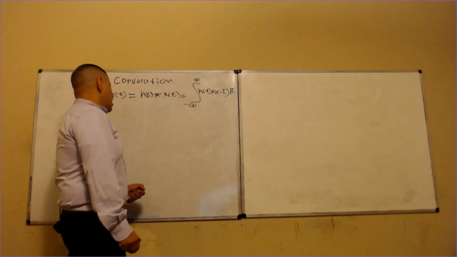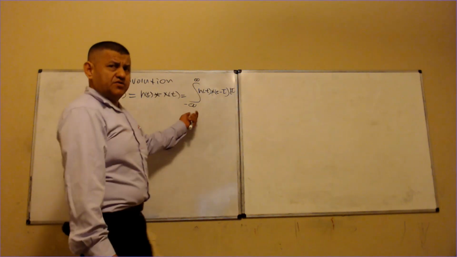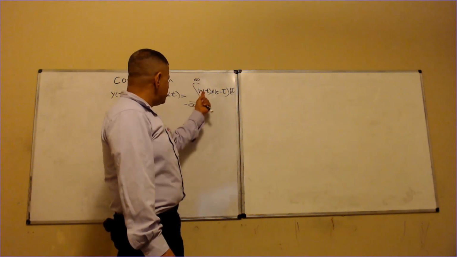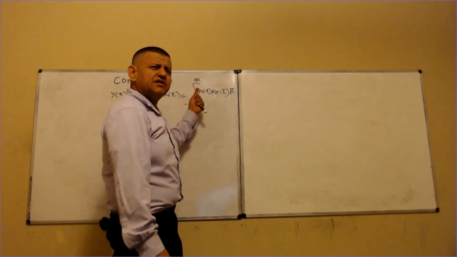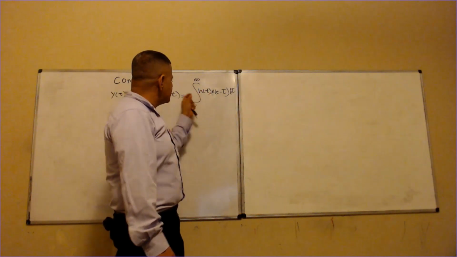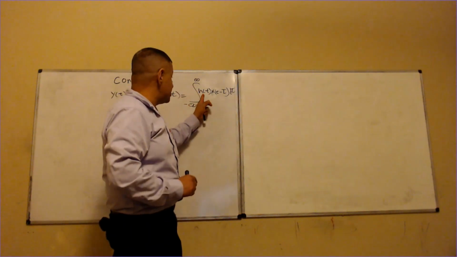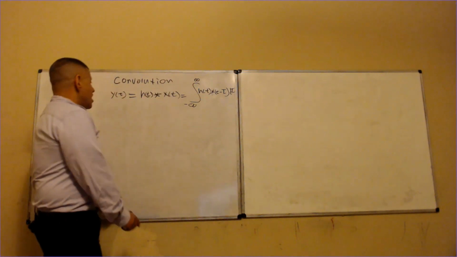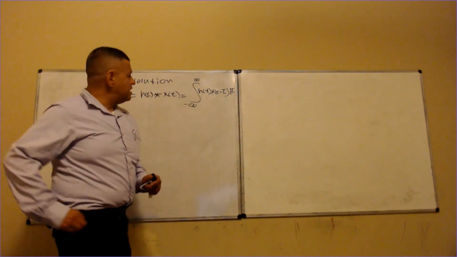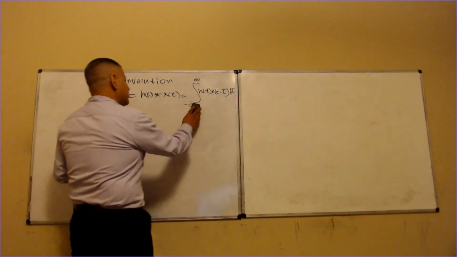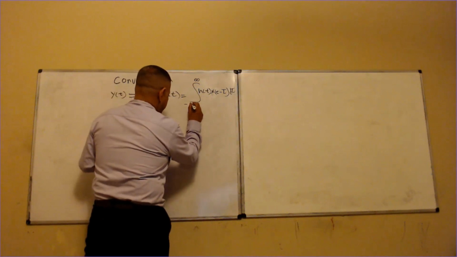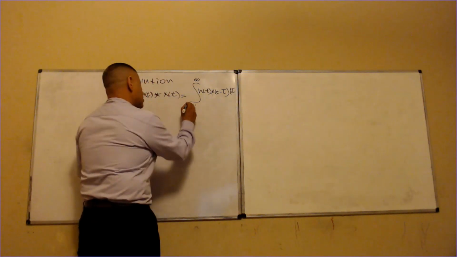Now, this is similar to the discrete time signal. This is continuous time, but in discrete time you will see the little bracket instead of the parenthesis.